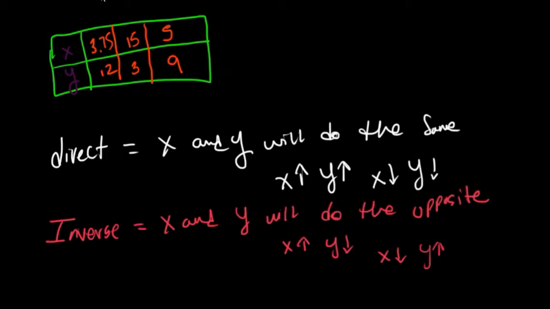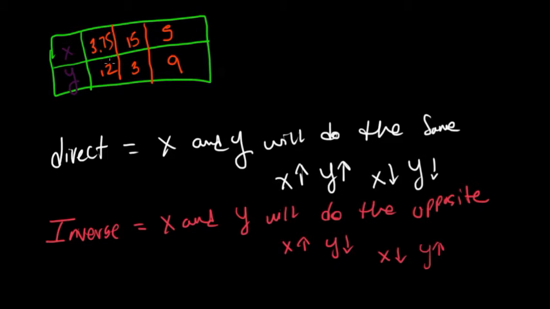Okay, I'm going to show you a different way to find out if it's an inverse or direct variation in a second, but let's do the method that I taught you first. It starts off at 3.75 and 12. Let's see what happens to X. X goes to 15, that's an increase. But what happens to Y? It goes to 3, a decrease from 12 to 3.